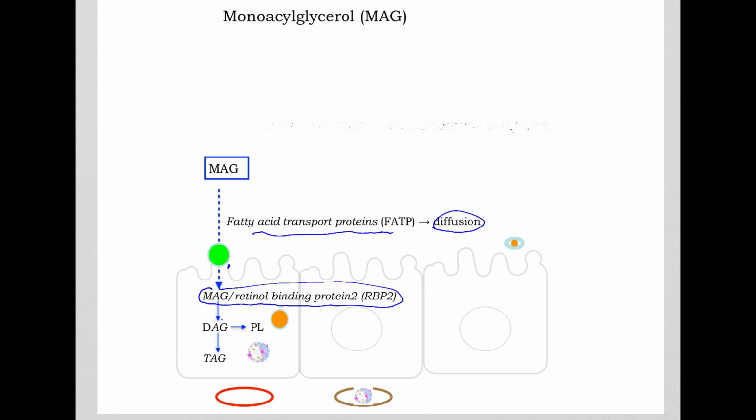Then they are converted to diacylglycerol, and as before, the diacylglycerol can become either phospholipids or triacylglycerol, and these phospholipids and triglycerides can either be stored as lipid droplets or exported out of the enterocyte as chylomicrons.